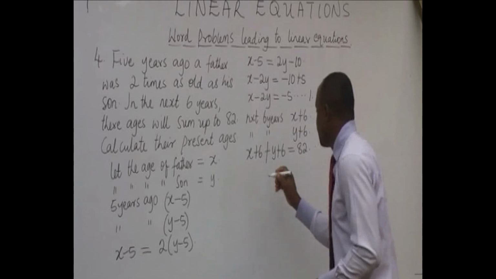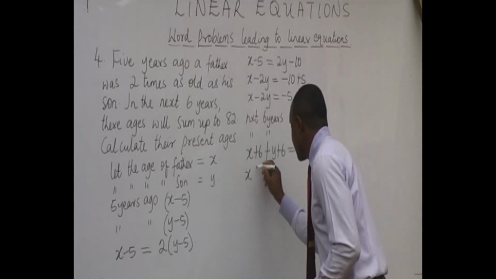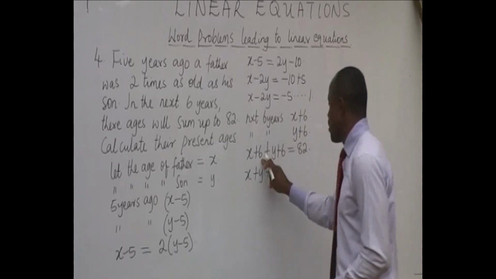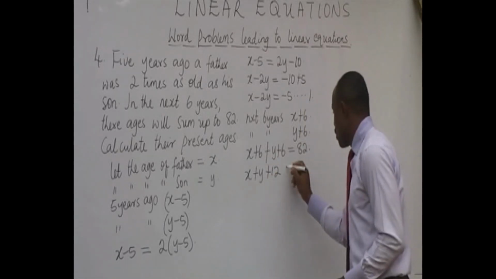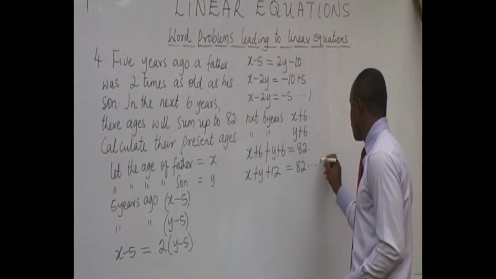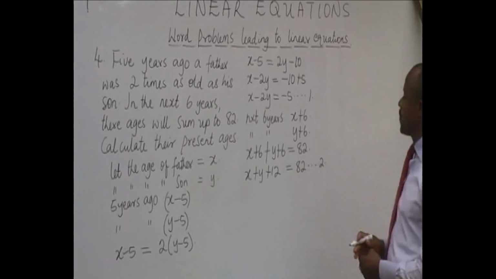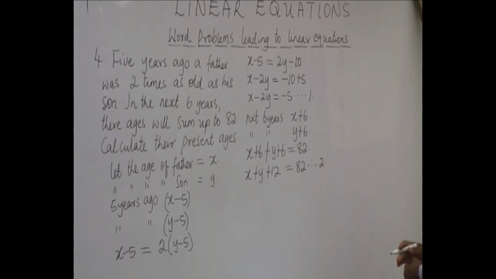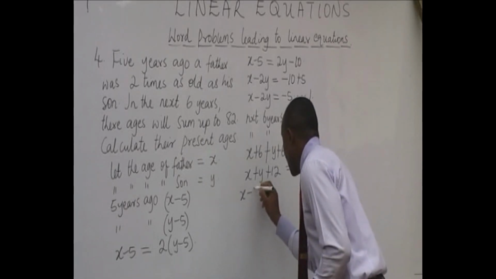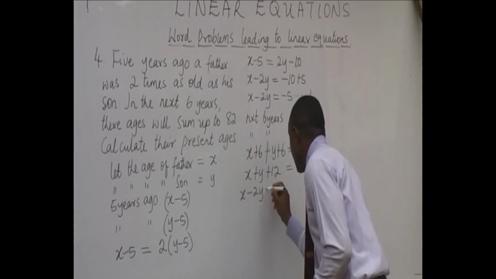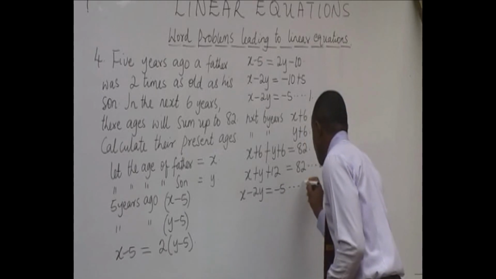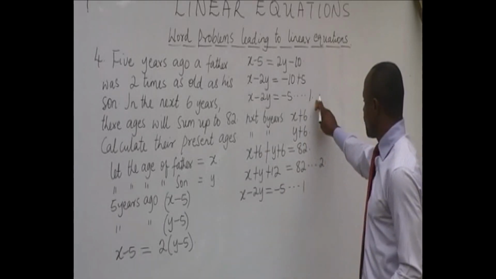So we're going to have X plus Y plus 12. That's the meaning of this. It's going to be 82. This is our equation 2. So the 2 equations we have now are X minus 2Y is equal to minus 5, the first equation.